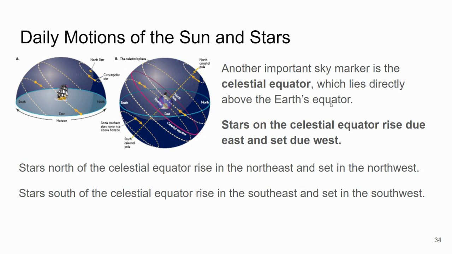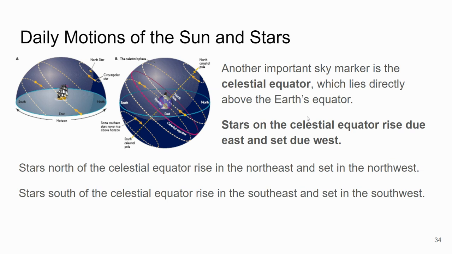So stars that are on the celestial equator will rise due east and set due west. So whatever stars those are going to vary night after night depending where you are on the Earth. But if on that particular night there happens to be a star on the celestial equator, it's going to look like it rises due east and sets due west.